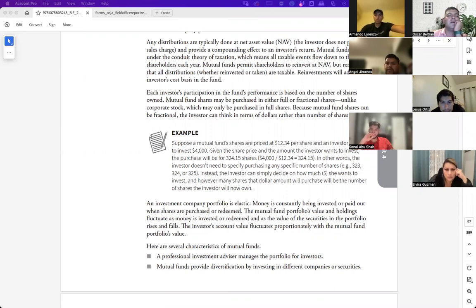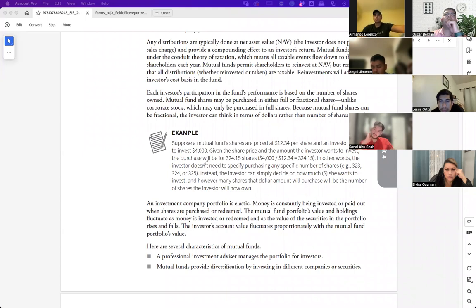So right here it says they're priced at $12.34 per share. An investor wishes to invest $4,000. So all you do is very simple. You get the $4,000 and you divide it by $12.34 per share. And then right here is going to give you 324 shares.